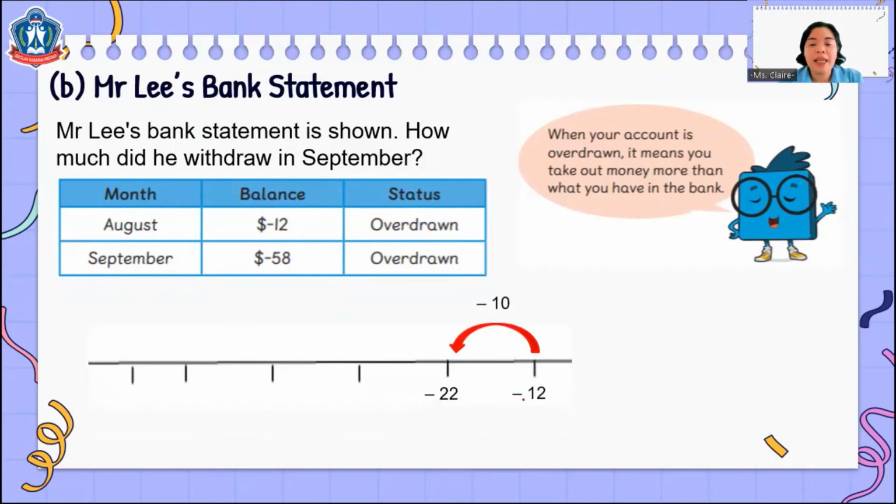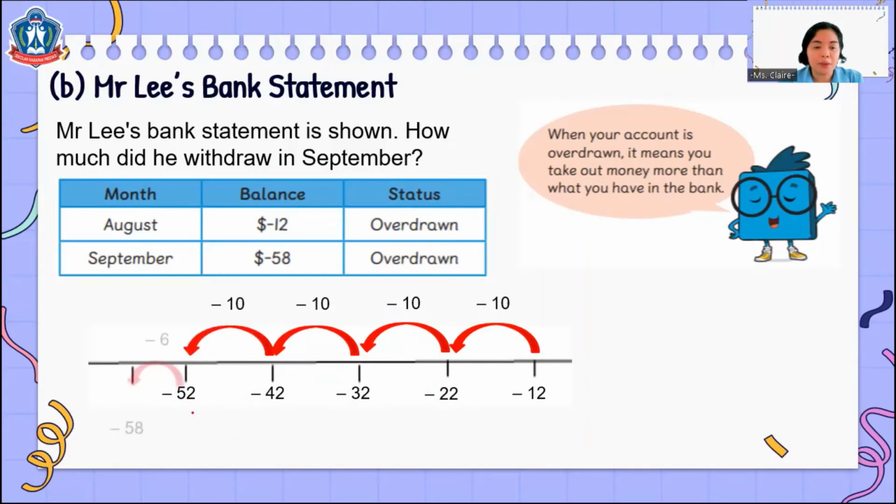From negative 12, if we take out 10, it becomes negative 22. If we take out another 10, it becomes negative 32. Take out 10 again, that is negative 42. And if we take out again, that is negative 52. From negative 52 to negative 58 is 6 more.